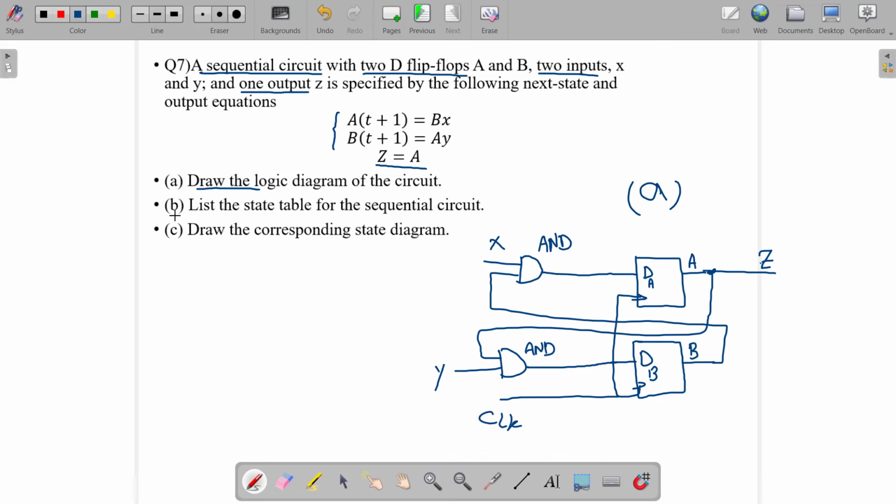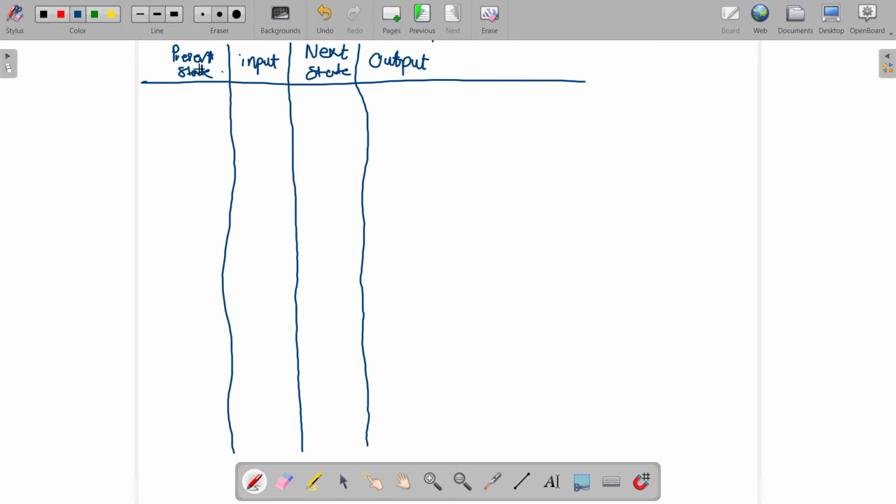Now in the case of the section B, it says to list the state table for the sequential circuit. In the state table, we said that we have 4 columns: present state, input, next state, and output. Now using these equations, we can find all of them. For the present state, we have two flip-flops.